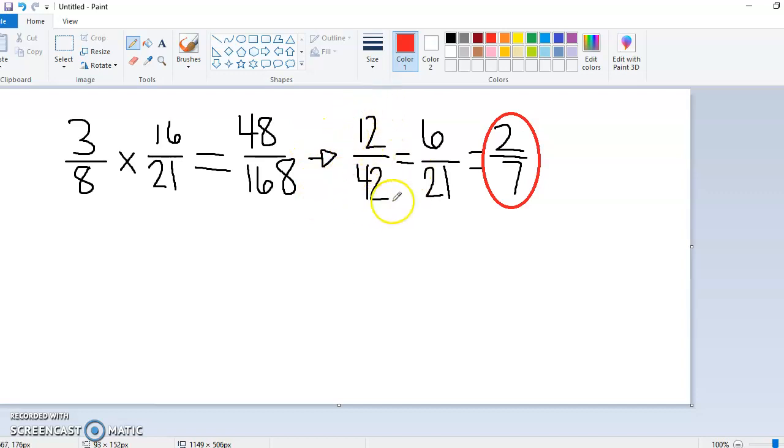Then we got this answer here of 12/42, but then we realized that that was still too big and could further simplify it into 6/21. We did that by dividing both numbers by 2. We realized again that we could divide a little bit more to make it even more simple, and divided both our numerator and our denominator by 3 for a final answer of 2/7.